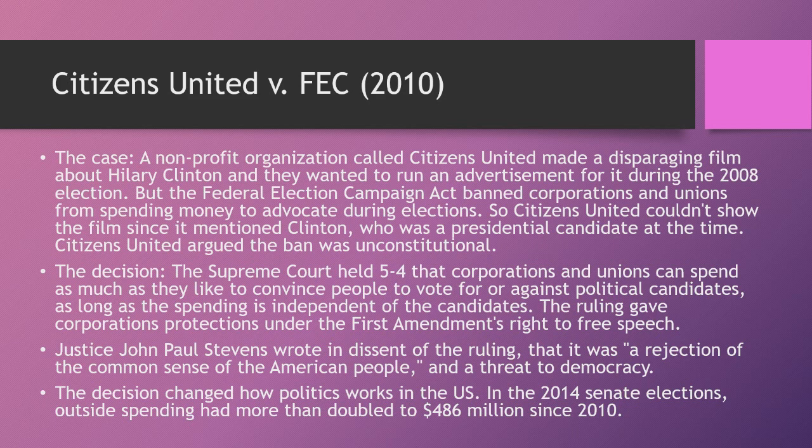And even though it was called a threat to democracy, the decision changed how politics works in the US. In the 2014 Senate elections, outside spending had more than doubled to $486 million since 2010.